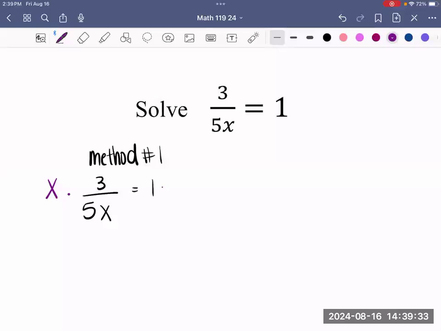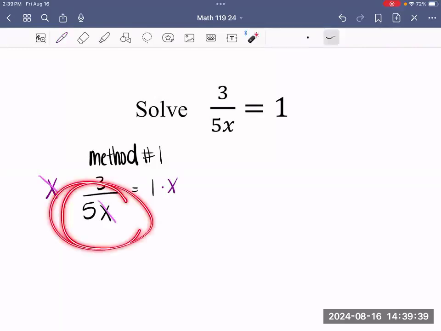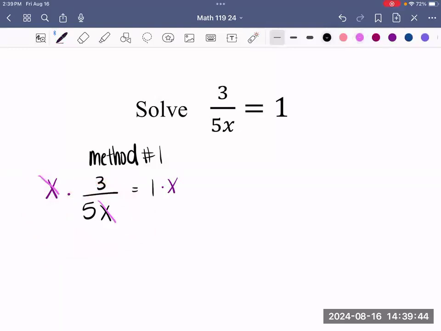What you do to one side, you then do to the other. Now on that left-hand side, the quickest way to get things out of a denominator is to multiply it out. So you are left with 3 over 5, because your x is canceled, is equal to x. So this is the fastest way to do it.